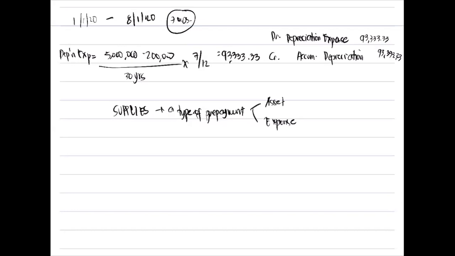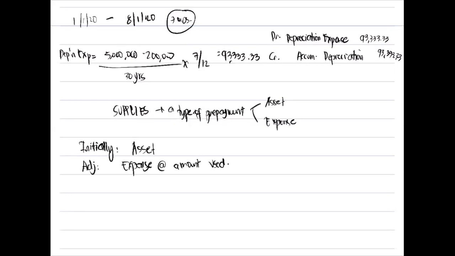Okay, so if it is initially measured as an asset, your adjusting entry should be an expense, so you should record an expense at the amount used.